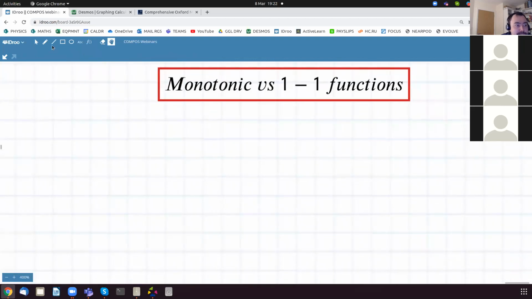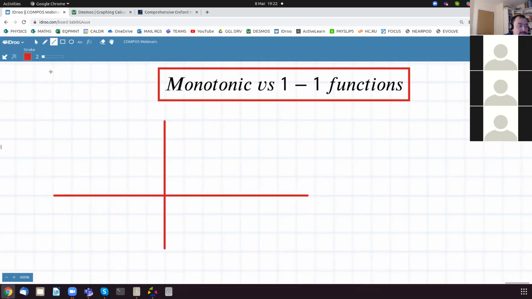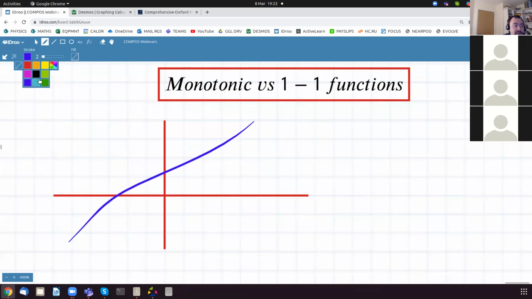Well, all monotonic functions are one-to-one because of the way they are. So this is a monotonically increasing function. This is a monotonically decreasing function. So they are one-to-one, obviously, and you can see that from the graph.